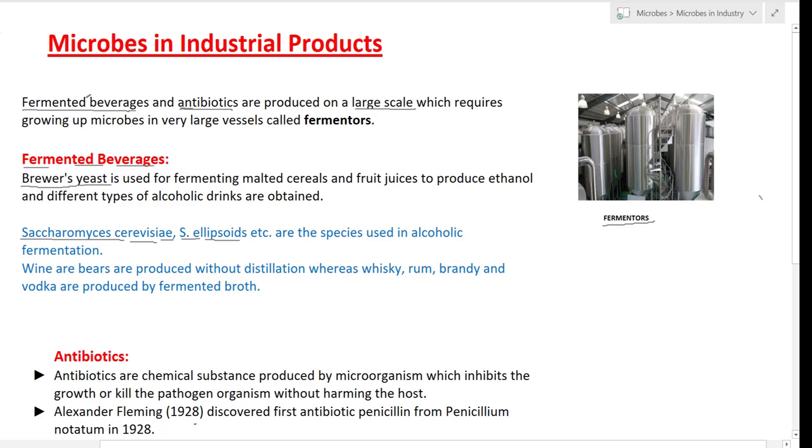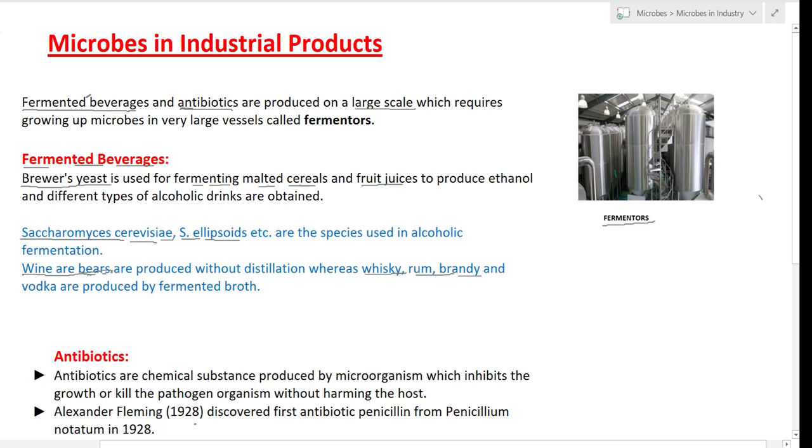What do we ferment? Actually malted cereals and fruits. These fruit juices and malted cereals are fermented by the activity of this yeast, Saccharomyces cerevisiae and ellipsoideus, and we get fermented beverages. The fermented beverages we get from the activity of these microbes are wine, beer, whiskey, rum, brandy, vodka, etc. These are a little bit different because of the activity of different microbes.